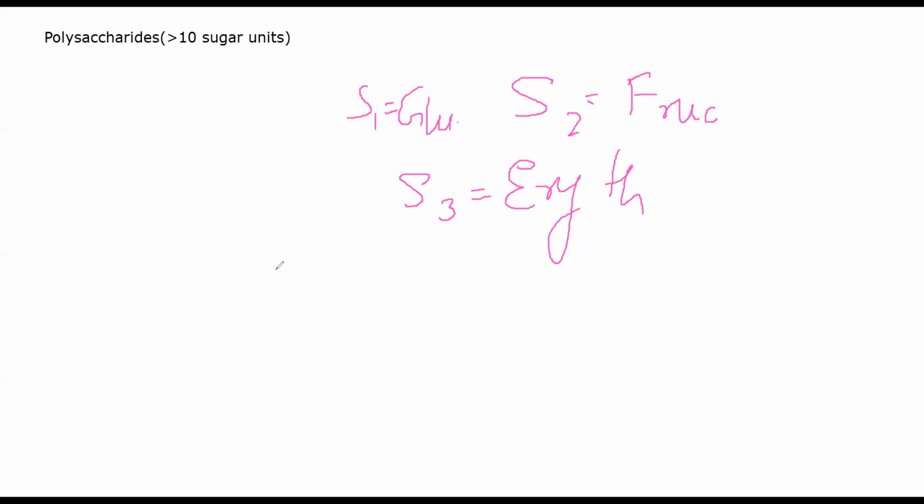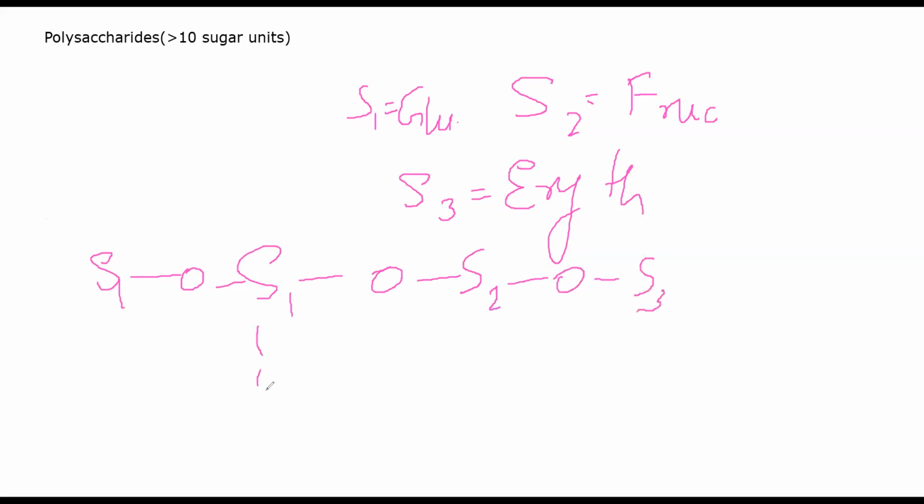So if I have a heteropolysaccharide, I will have a glycosidic linkage that remains constant. Glycosidic linkage should be present. S1, S2, S3, any which way. This S1 can be again attached to an S3, which in turn is attached to S2, any which way.